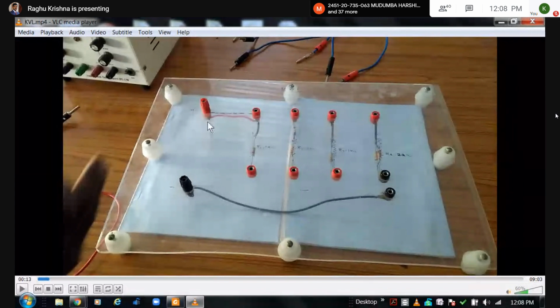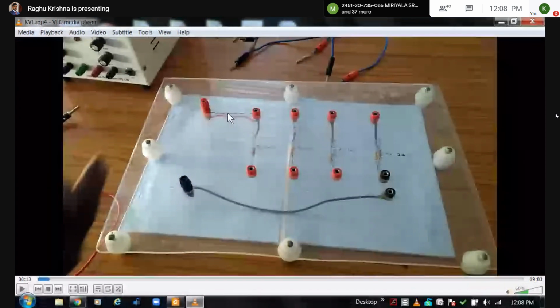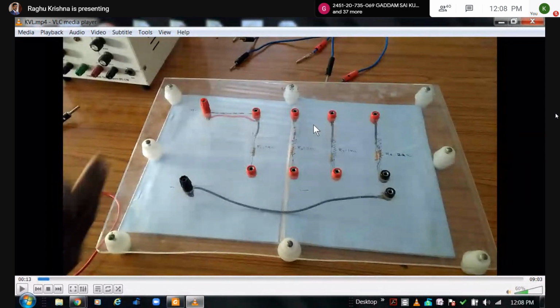Next, this wire, you can see here there is a red wire. This red wire is directly connected to this point, and between these 2 points you have a resistor R1, and between these 2 points you have the resistor R2, and these two are the ends of R3, and these two are the ends of R4.